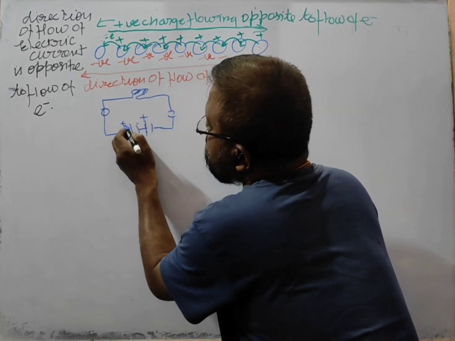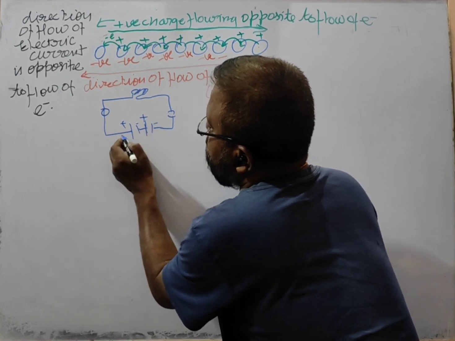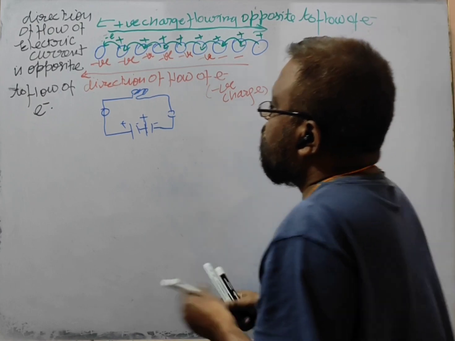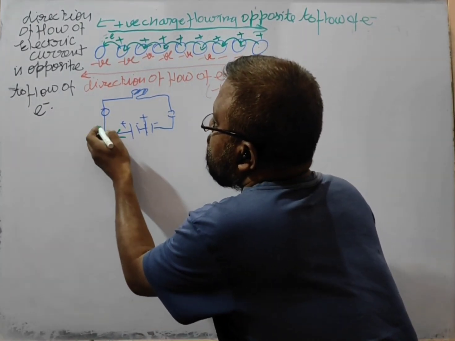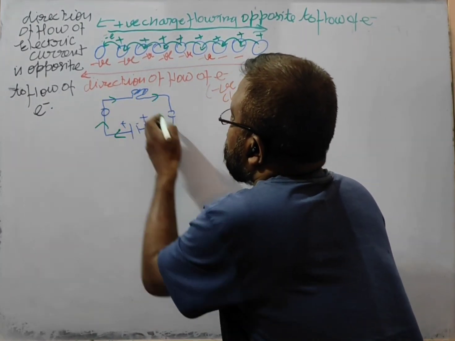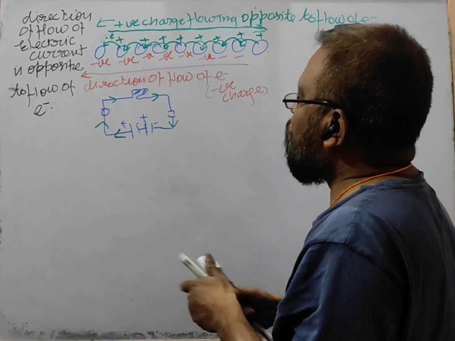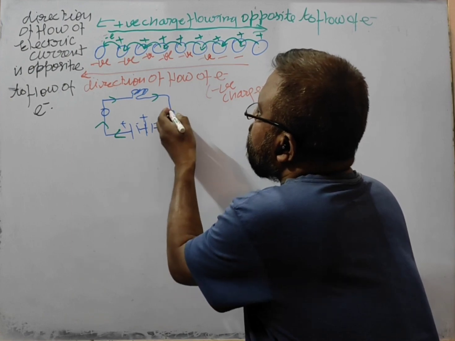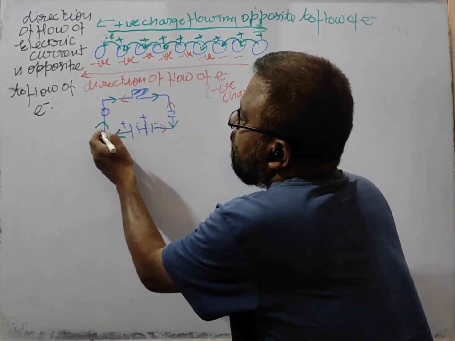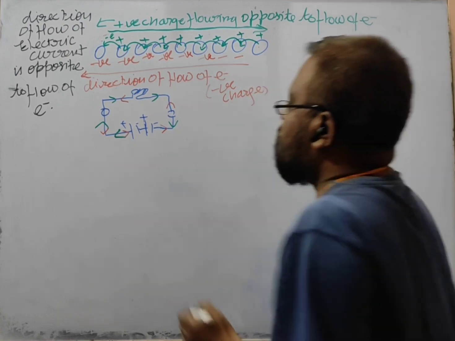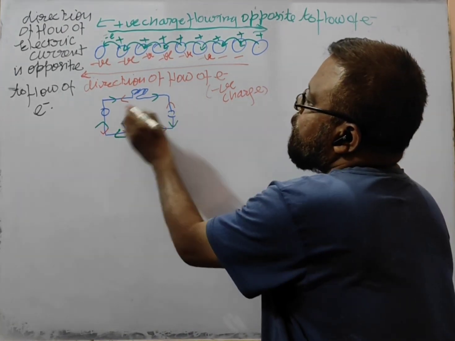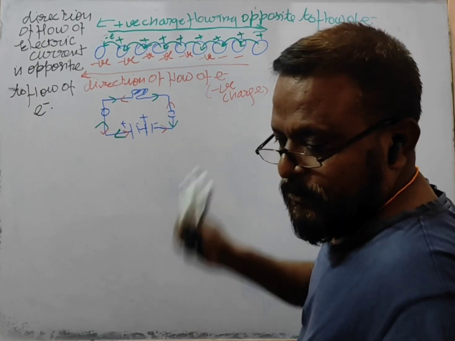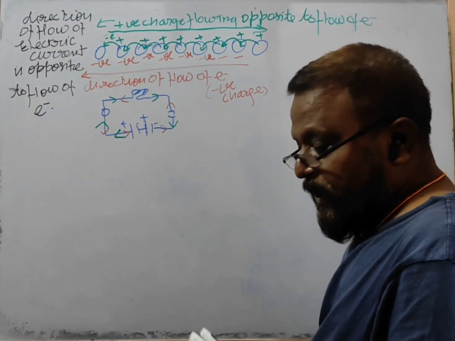Current is flowing from positive to negative in this direction, and electrons are moving from negative to positive. This red color is the flow of electrons, and green color is the flow of positive charges. Done, right?